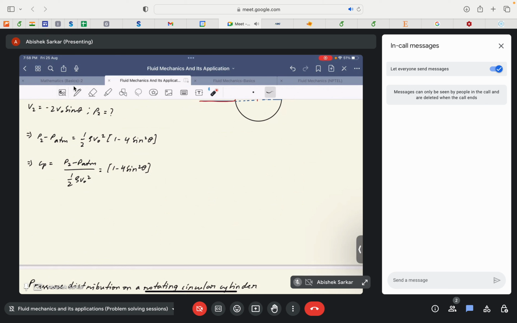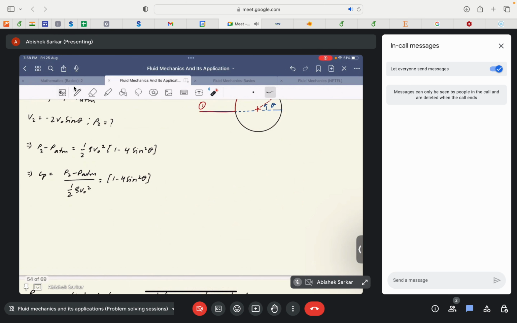We'll look into that later. Right now we just take the given stream function for granted and find the required velocity components. So this is the coefficient of pressure.